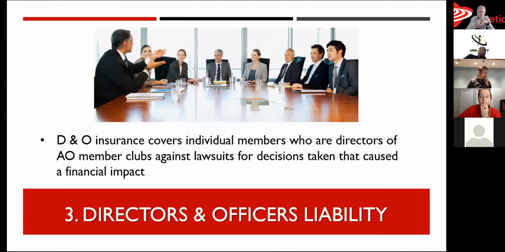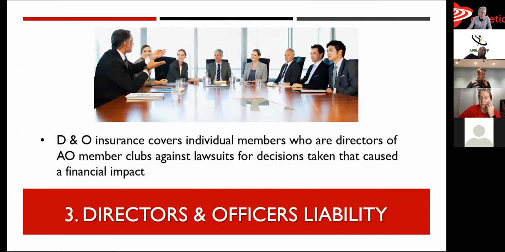The third one is the directors and officers liability insurance. And this covers individuals who are directors of AO member clubs. They're essentially similar to the general liability, but this covers lawsuits for decisions that board members make that have a financial impact.